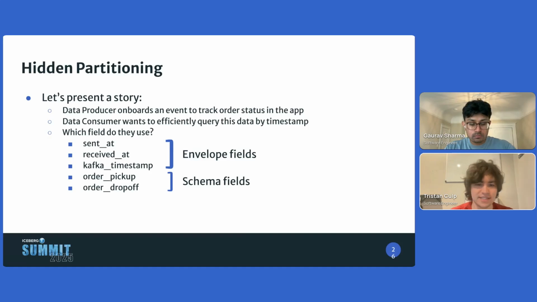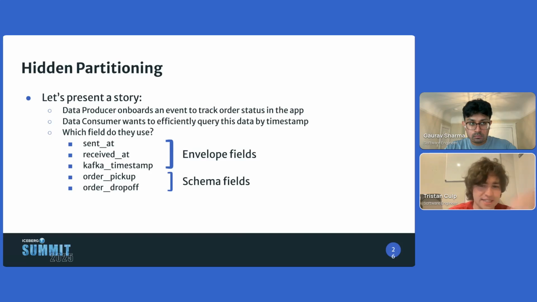Now this is assuming that they don't know what it's partitioned on, and a lot of times they really don't know this. We have thousands of data consumers, and not all of them are aware of how these tables are set up or how the workings are and how to find out this info.